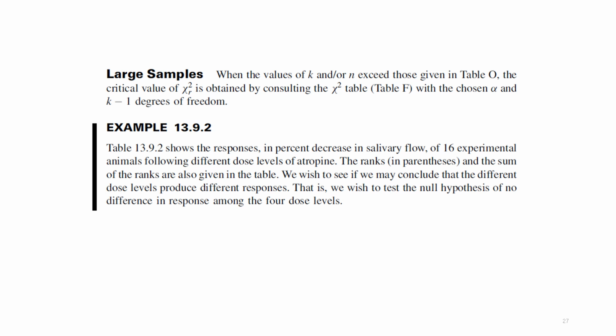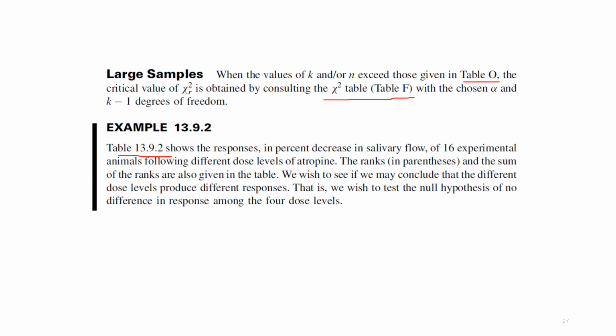When the values of k and n exceed those given in Table O, the maximum value in the table being 9, we then go to the chi-square distribution table, Table F. Here is the example: Table 13.9.2 shows the response, the percent increase in ciliary blood flow, of 16 experimental animals following different dose levels of atropine.